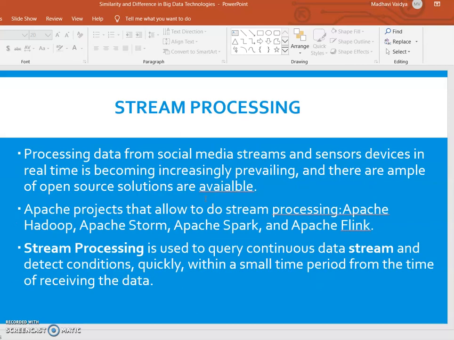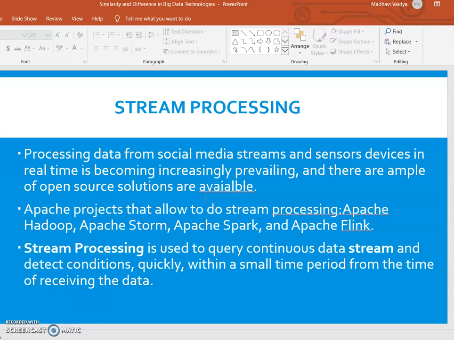Now there is stream processing. This is the term which we have to talk about because we are going to talk about the stream processing only in the later part of the slides. So processing data from social media streams and sensor devices in real time is becoming increasingly prevalent, and ample open source solutions are available.